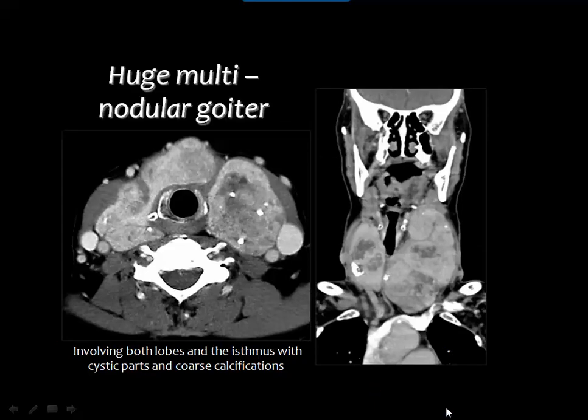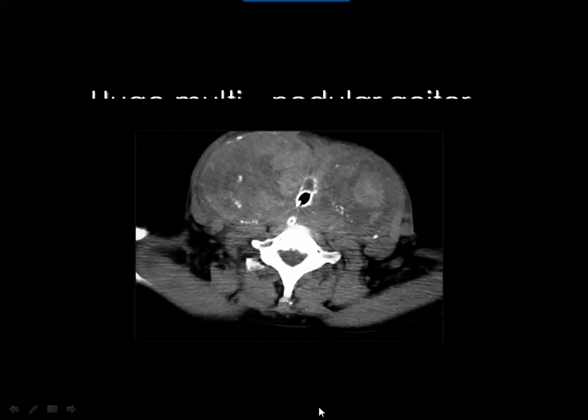And this is a huge multinodular goiter affecting the isthmus, the left and the right thyroid lobes. But the left lobe is markedly enlarged, as you see here, with nodules containing hypodense colloid, and also foci of matrix calcification.